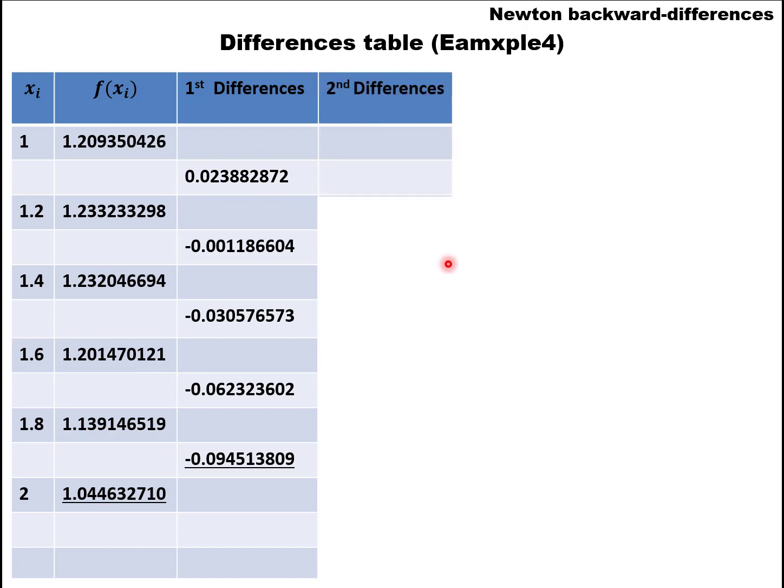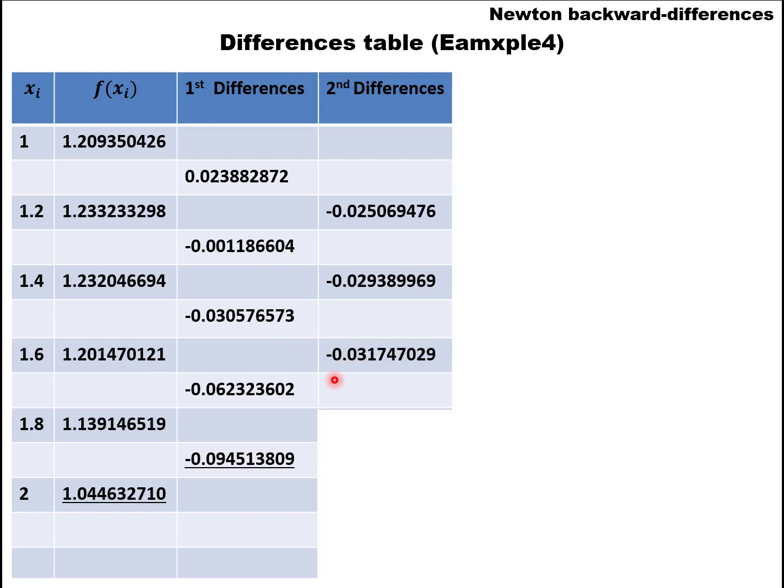Go to the second differences. This value minus this value is given by this value. This value minus this is given by this. This value minus this value is given by this. And this value minus this value is given by this one. So the construction is the same as you did in previous examples, but I'm using this in a different way.